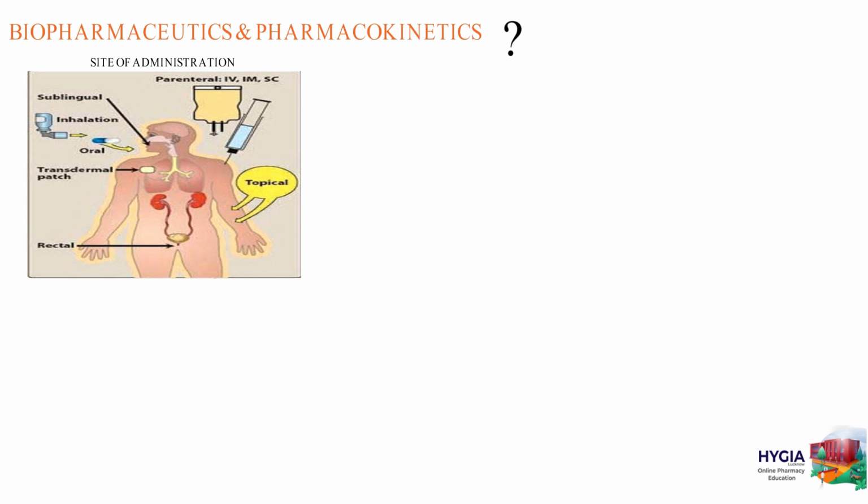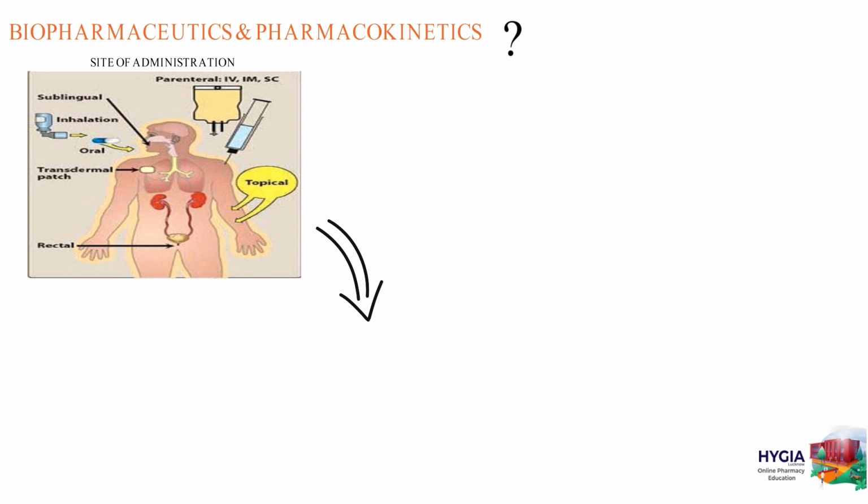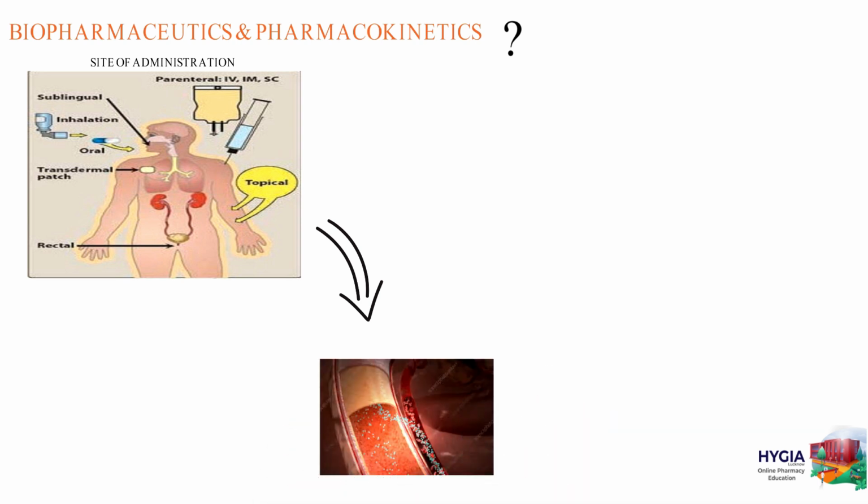If the amount of drug is the same but given from various sites of administration, the drug response is not the same. Why? Because the rate of absorption, that is the movement of drug from the site of administration to systemic circulation, is not the same when given from various routes.